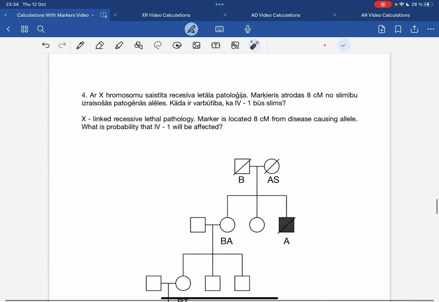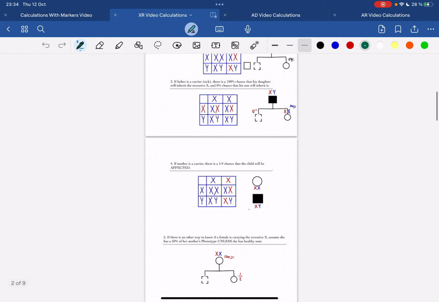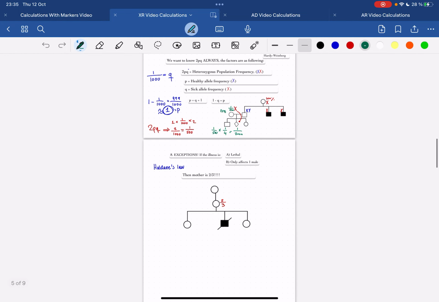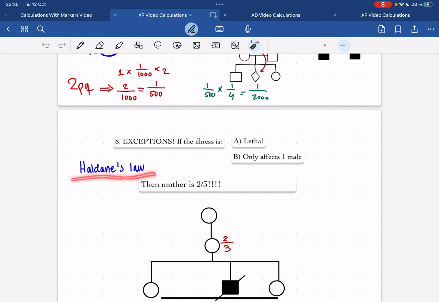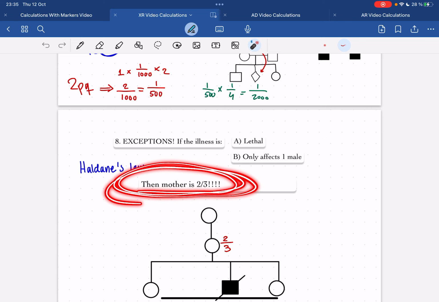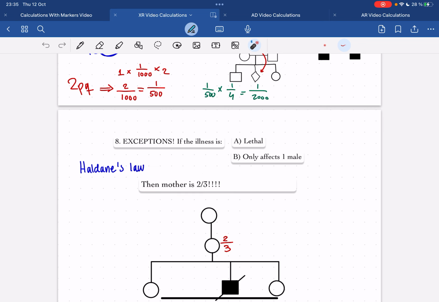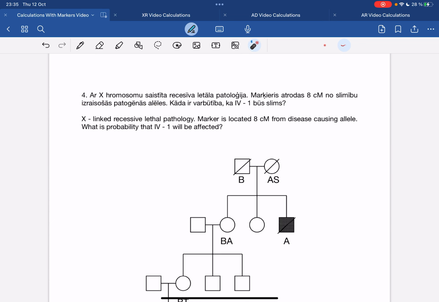Next part is X-linked recessive lethal pathology. Now remember what we know about XR, and that's Haldane's law. If it's XR, of course, first, and it's lethal, and it only affects one male, then the mother is a 2/3 chance heterozygous carrier.